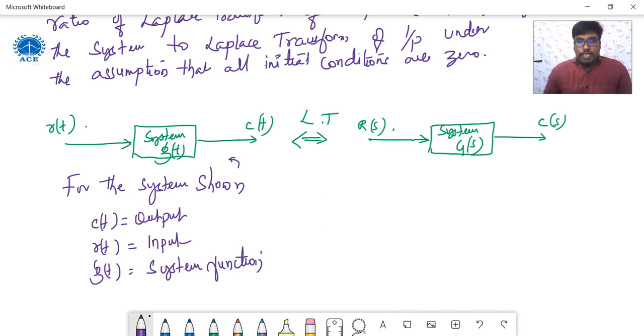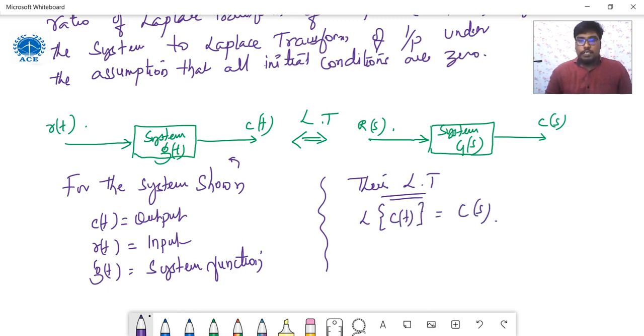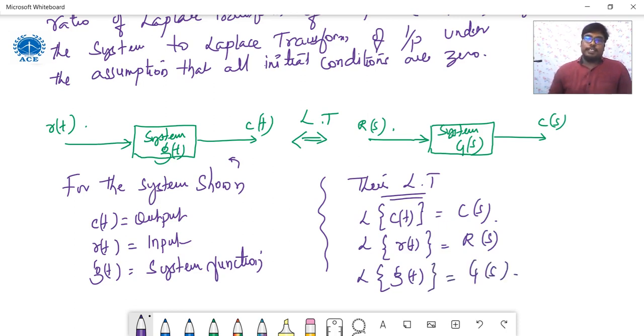By taking Laplace transforms, the Laplace transform of c of t is c of s, the Laplace transform of r of t is r of s, and the Laplace transform of g of t is g of s.